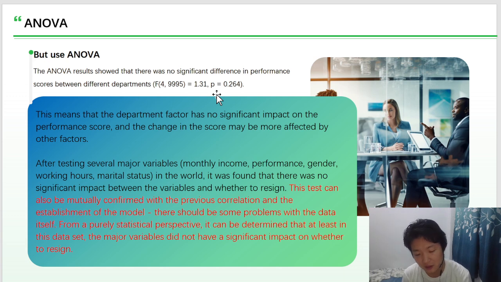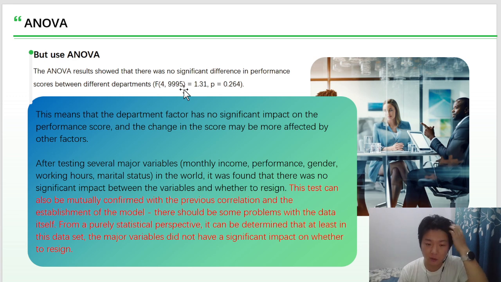Then I test other variables, but there is no significant improvement in the score. So maybe after the ANOVA we can conclude the data set is bad. Okay, it is not useful for me.